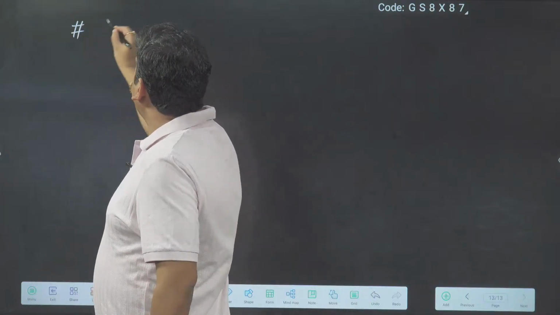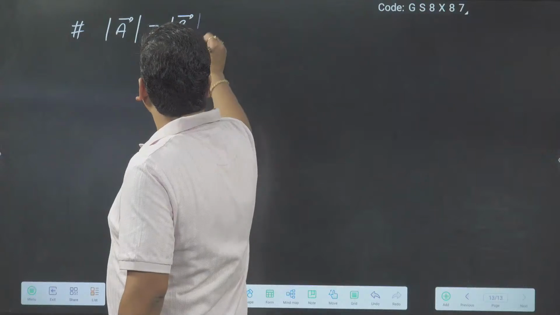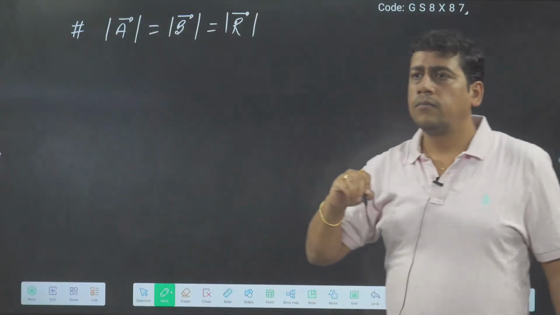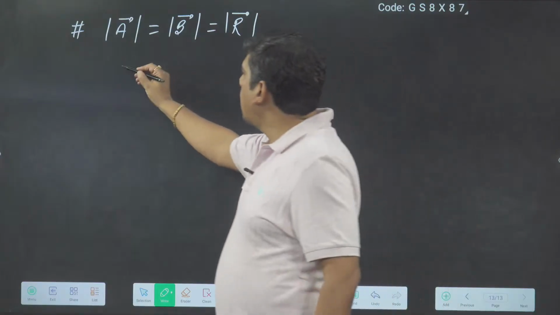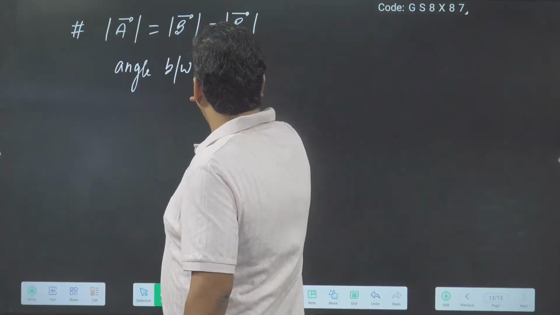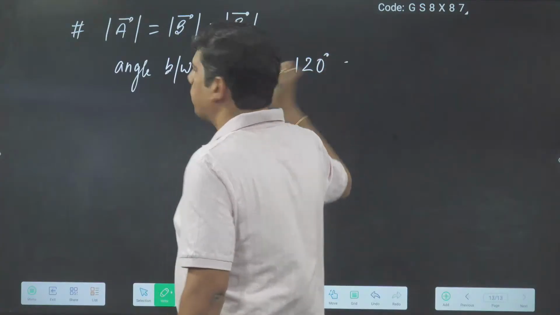If the magnitudes of A and B are equal and at the same time the resultant is also equal, then the angle between A vector and B vector is 120 degrees.